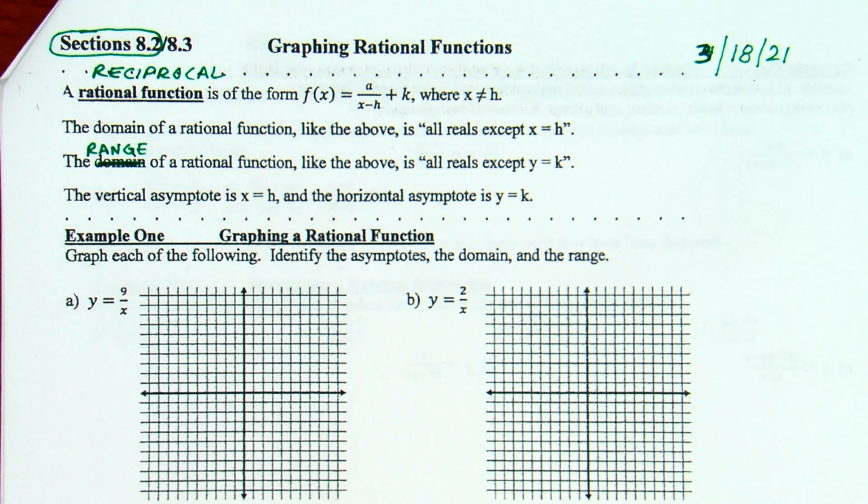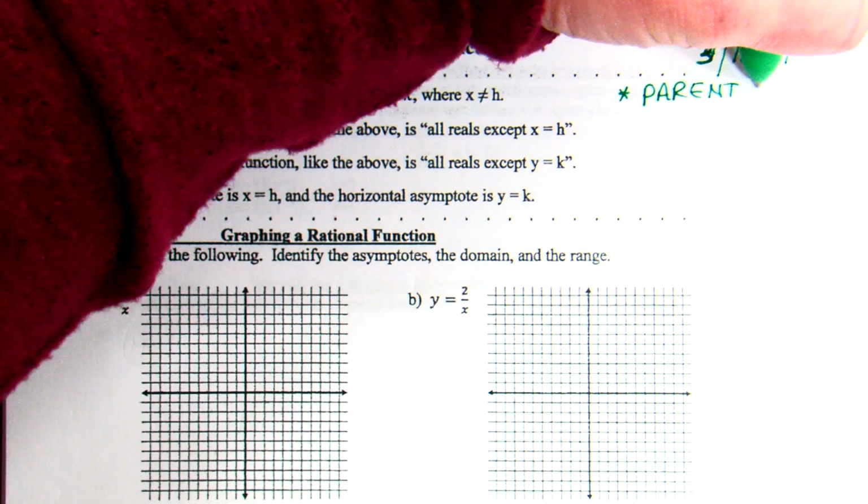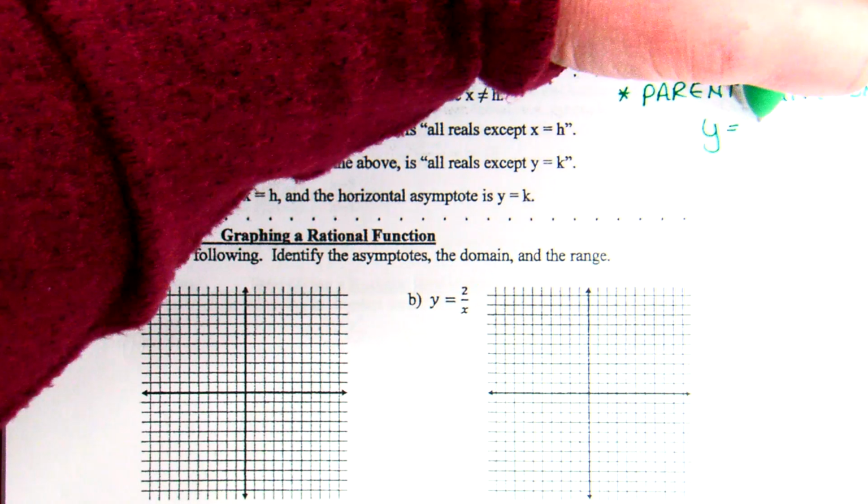It just has that x is not equal to h on there because if x and h are the same, that makes your denominator 0, and hopefully we all remember 0 can't be in the denominator. Now, I'm going to write off here to the side. This is all based on what I'm going to call the parent function, which is y equals 1 over x.